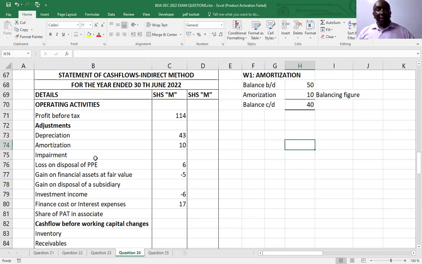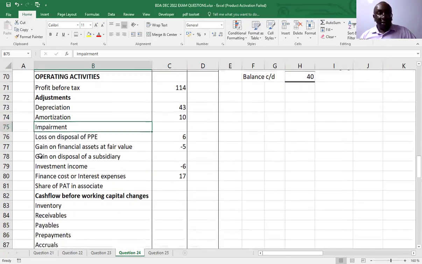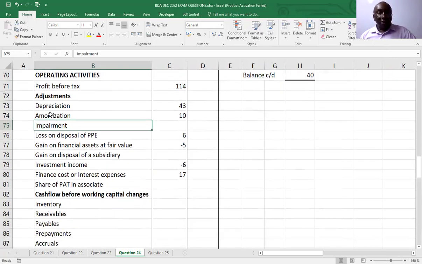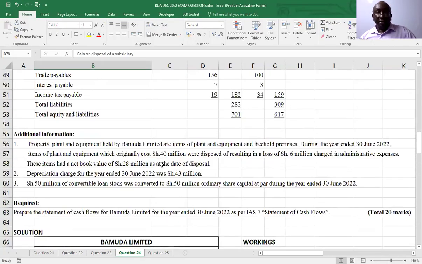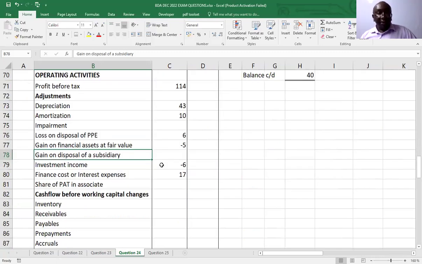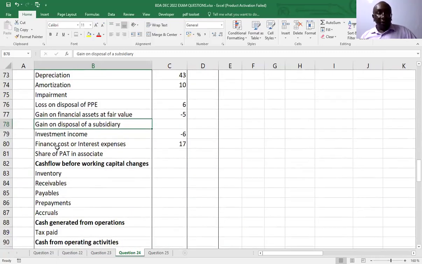So with that, the impairment, we have finished that one. It's represented by this one. Some people prefer to put amortization stroke impairment, or impairment. We don't have a disposal of subsidiary. We don't have a mention of that. We also don't have a share of the profit after tax in the associate.